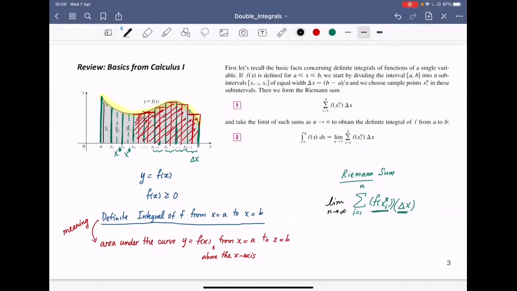That means you chop it into infinite pieces, so your width is going to be very, very small, and it doesn't matter what x star you pick, because at the end you're just going to get a line. So your approximation gets better, and when n goes to infinity, it is going to be your area under the curve. That is the idea of the Riemann sum.